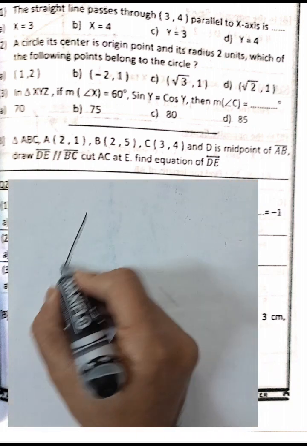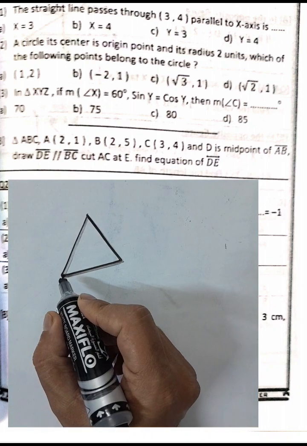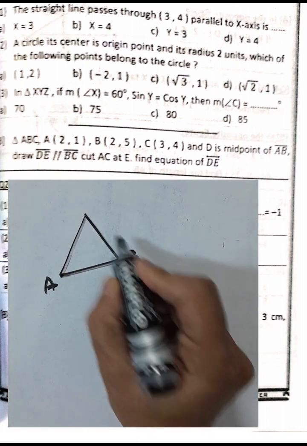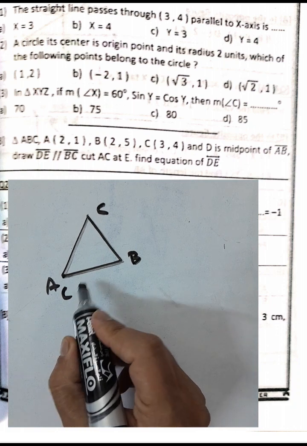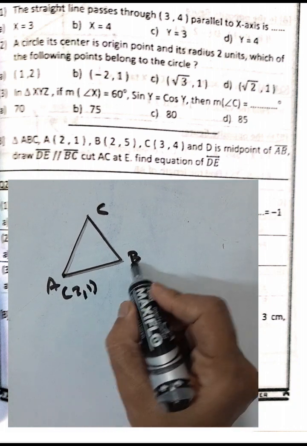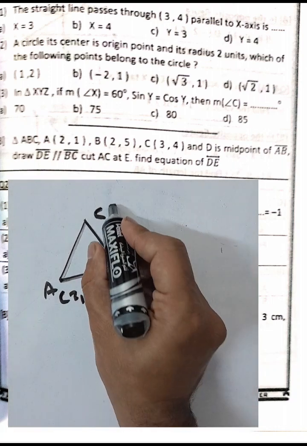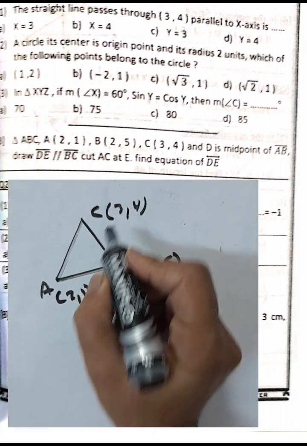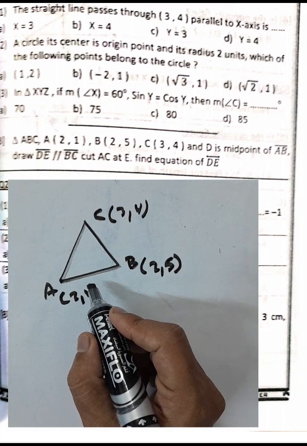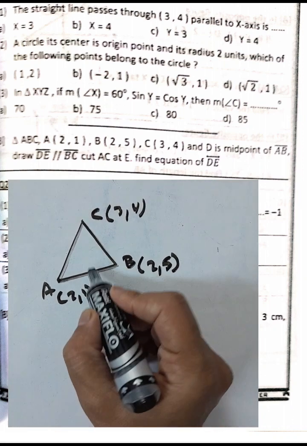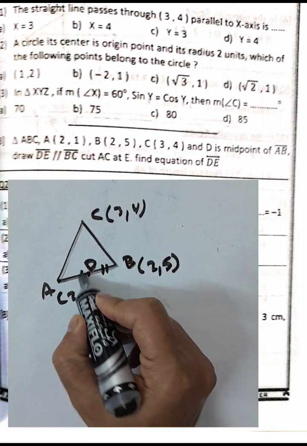Okay, I will draw this triangle ABC. The coordinates of point A are (2, 1), point B (2, 5), point C (3, 4). D is the midpoint of AB. Here, D is the midpoint.